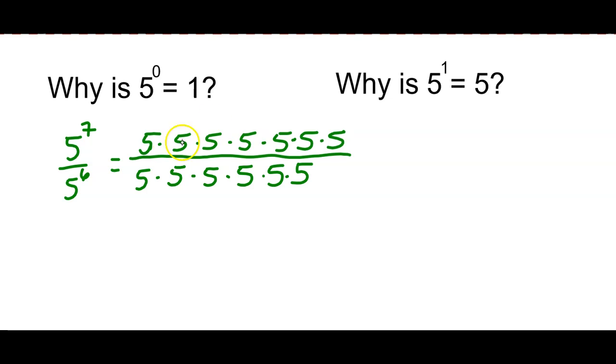And so each 5 will cancel or divide out to be 1 until you get to this last one right here, which is just 5 over 1, which equals 5. So you could also say that is 5 to the 1st, which is just 5. And so for similar reasons why 5 to the 0 is 1, we can say 5 to the 1st is 5.